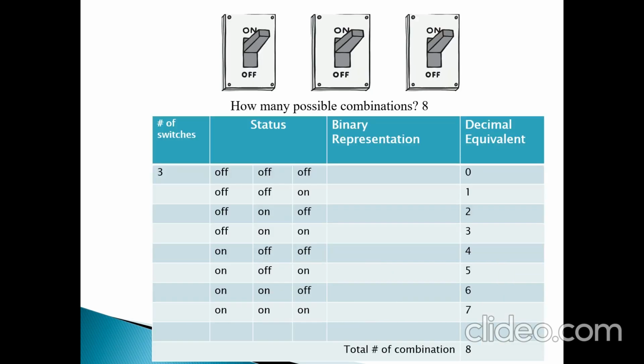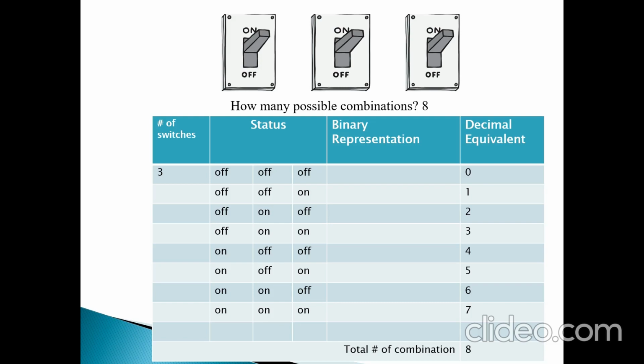Now, how about if there are three switches and you are asked how many possible combinations? Actually, this is part of your activity. That's why, if you notice, I didn't put any value for the binary representation, so that you can solve it on your own. But anyway, I will discuss how you are going to answer it using the binary representation. If there are three switches, the possible combination is 8.